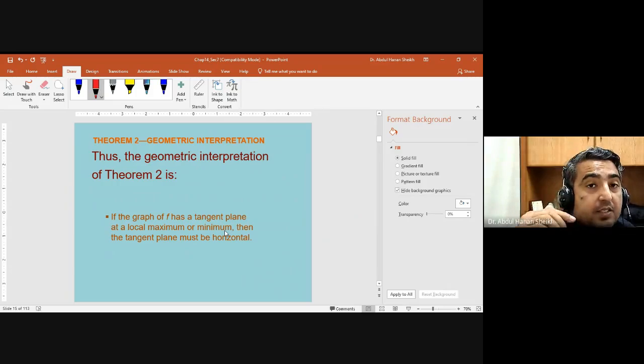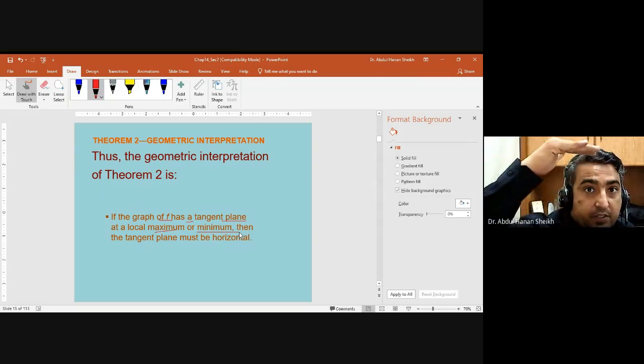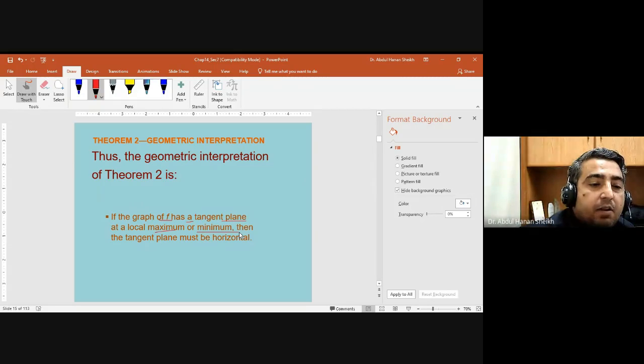If f_x is 0, the partial derivative with respect to x is 0, it means the slope of the tangent is 0 in the direction of x, and f_y is 0, the slope of the tangent. So this is the same thing. The graph of f has a tangent plane at a local maximum or minimum. So if that point is a maximum or minimum, the plane will be horizontal, right?